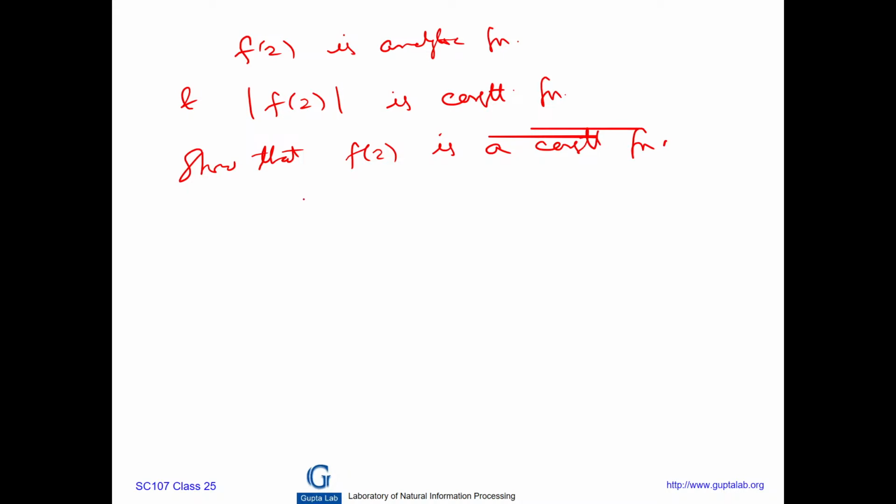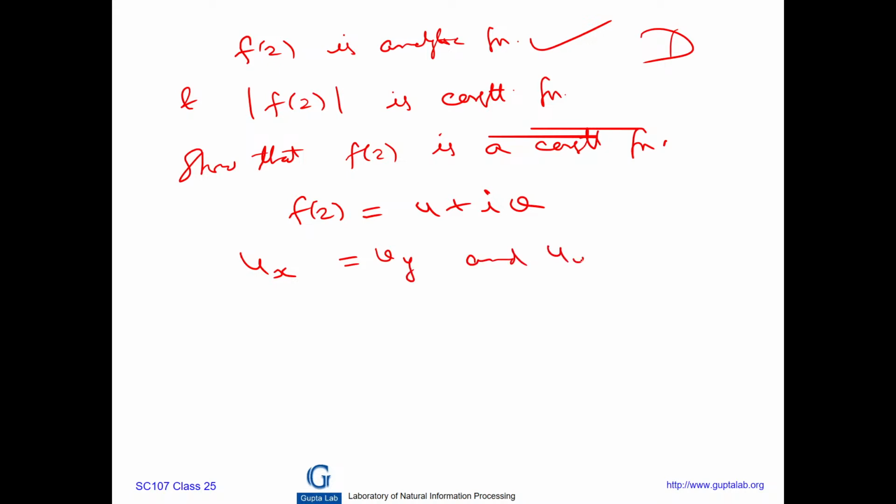How will we do it? f(z) is, suppose, u plus iv, an analytic function in some domain. It will satisfy the Cauchy-Riemann equations: ∂u/∂x = ∂v/∂y, and ∂u/∂y = −∂v/∂x.